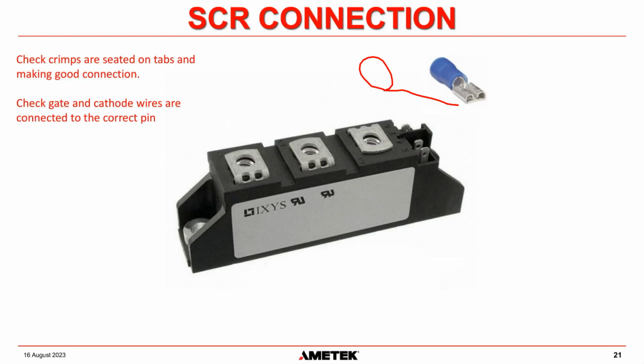So we've seen examples where that connector has been pushed down between the plastic, between this plastic bit here and the connector itself, so it's not making a good contact. It's not actually mounted on the connector itself, it's being pushed down between the connector. So that would give you an issue.